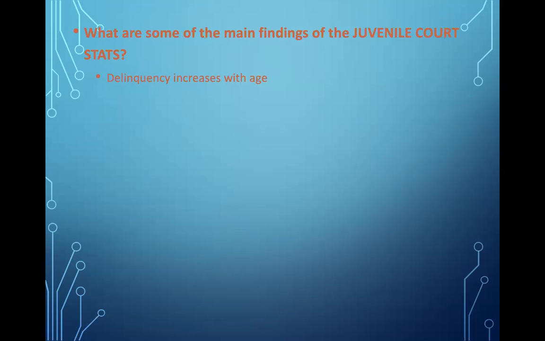Well, they find that delinquency increases with age. So they find as juveniles get older, the crime that the juvenile does goes up, meaning they may start out stealing something small, and as they get older, it gets larger.